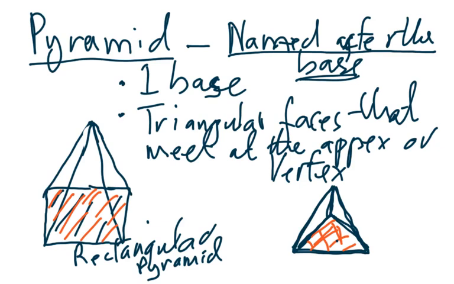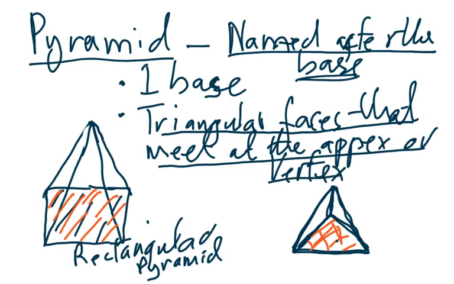It has triangular faces that meet at the apex. That face is a triangle, that face is a triangle, the other face is a triangle, they meet at the apex. When we go back to this one, again, it's the same thing.